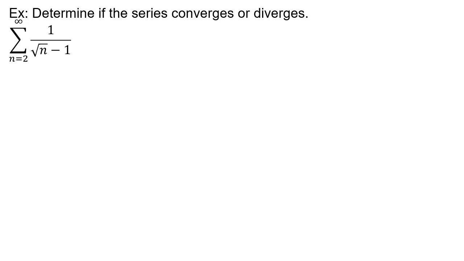Okay, determine whether the series converges or diverges. So same process. This first one, the original problem here, would be your a sub n. And I need to compare that to another series that I know something about.